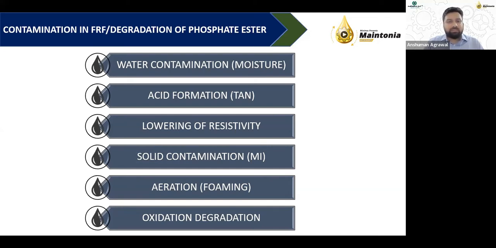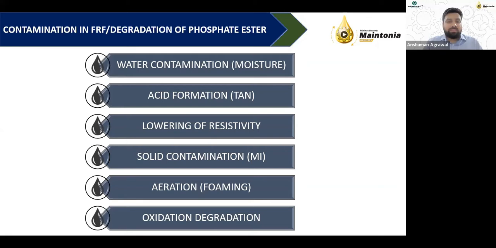So just take it as one of the most important contaminations, because there is a degradation process associated with the addition of water or moisture inside the control fluid oil, that is FRF. Because of that, the acid formation process is accelerated.